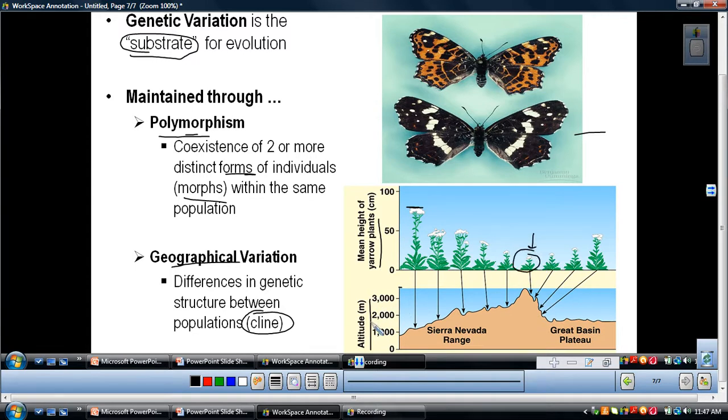So the environmental factor, altitude, is changing the height at which these plants are growing. You can have something in the environment impact the frequency of an allele, and in this case the allele is for plant height. So that's an example of a cline.